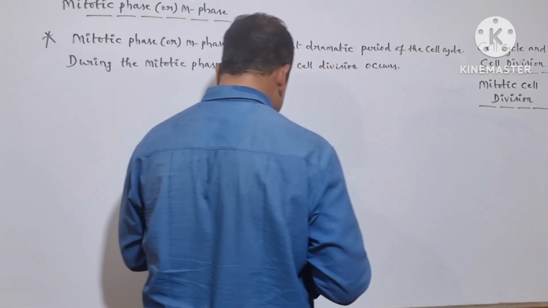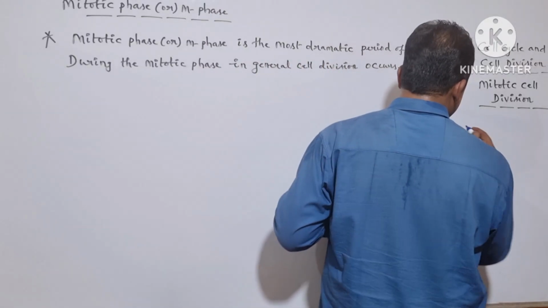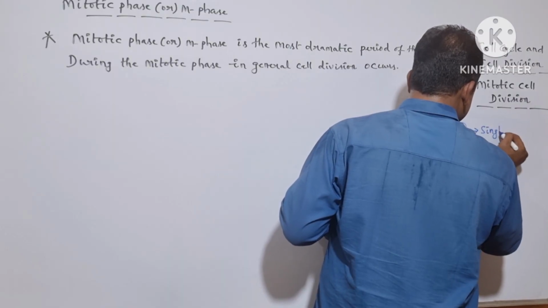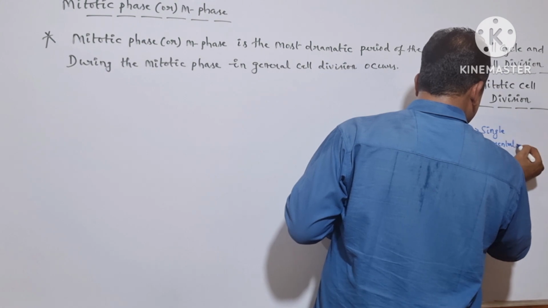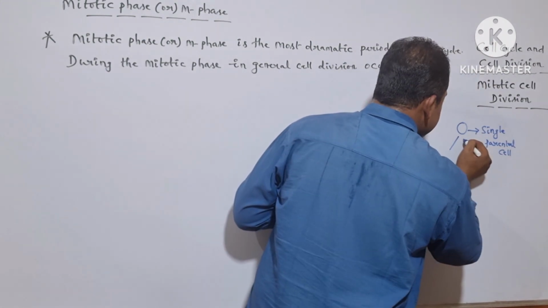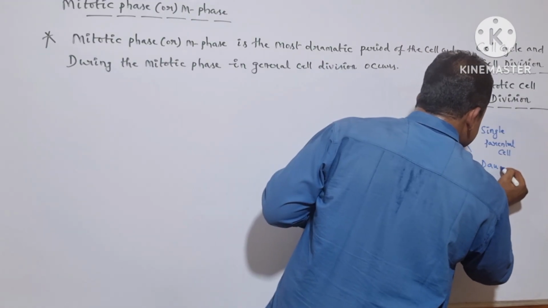That means when a single parental cell participates in mitotic cell division, it yields two daughter cells. So these are nothing but the daughter cells, right?